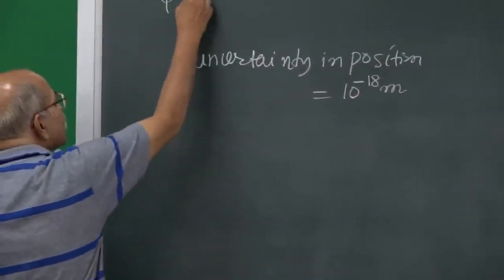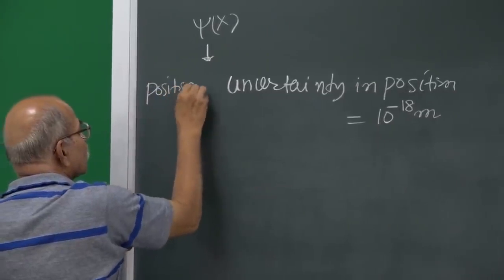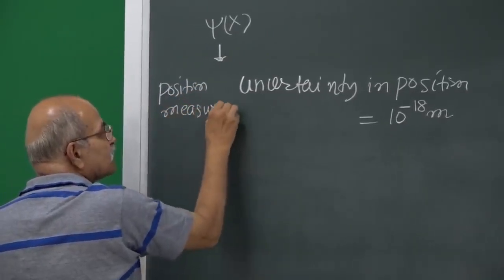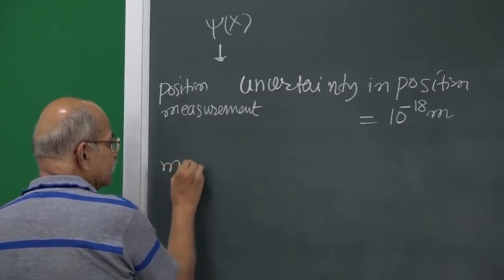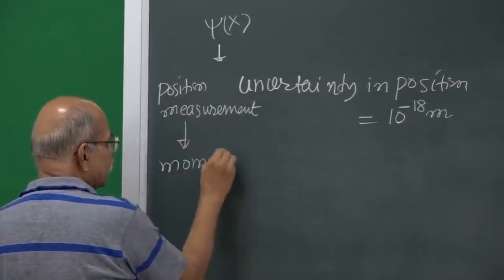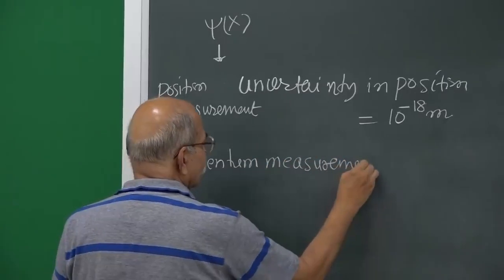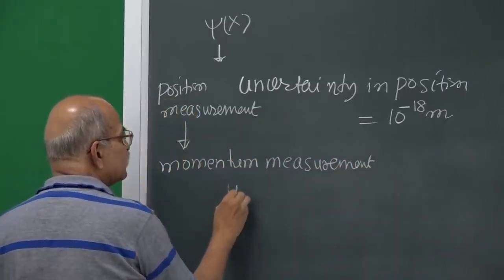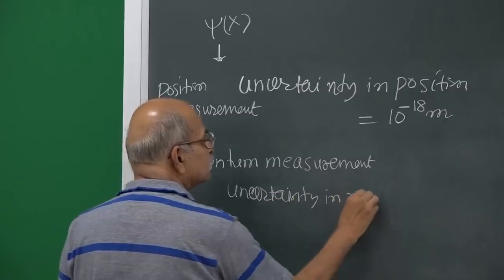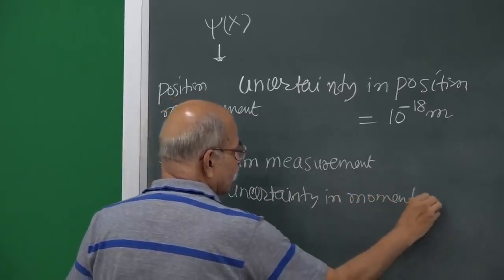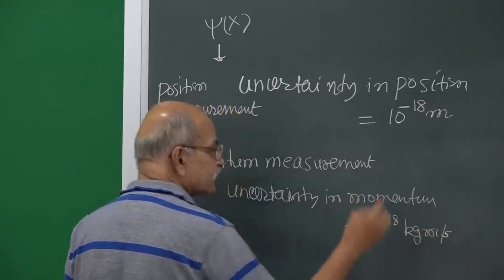So, we have a wave function, the particle has a wave function, then we make a position measurement, and when we do this position measurement we come to know about the position with this uncertainty, and then we make a momentum measurement, and then we get this uncertainty in momentum, and that is 10 to the power minus 18 kg meter per second.